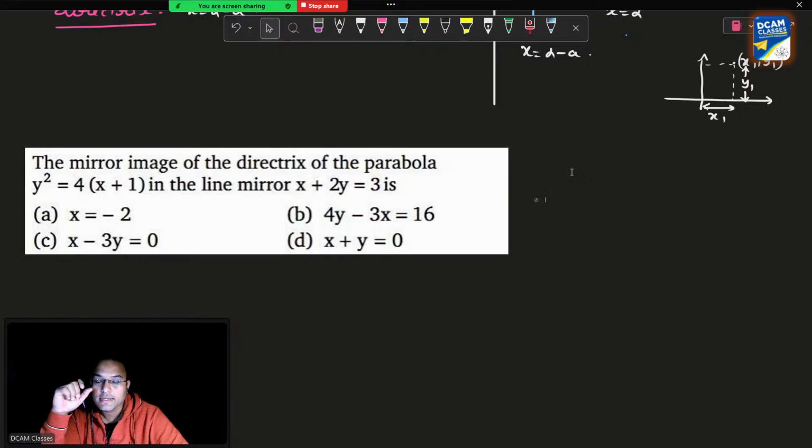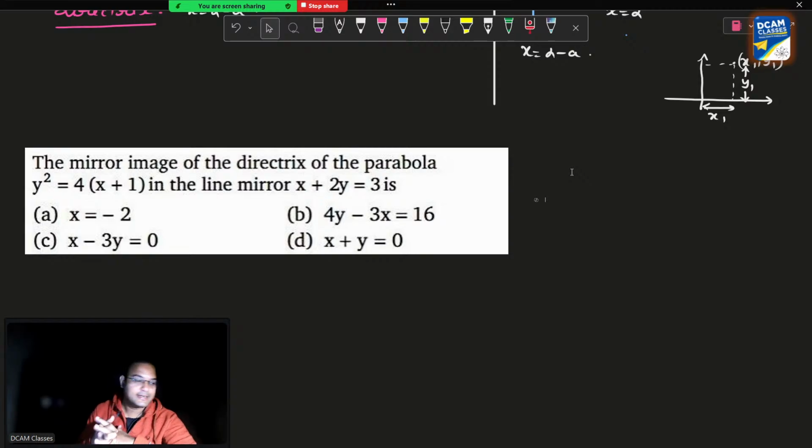The equation of the mirror is given to you. So first, for this particular parabola, you have to find out the directrix. After you find out the directrix, you have to take the image of that particular directrix with respect to x plus 2y minus 3 is equal to 0. I am sure you will get stuck. If you are able to do, very good.